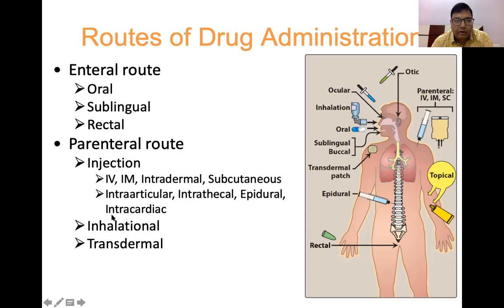Then the other form of parenteral route of drug administration is the inhalational route, where the drug is administered to the lungs. And the next is the transdermal route. And apart from this is the topical route, where the local topical application of the drug is done.